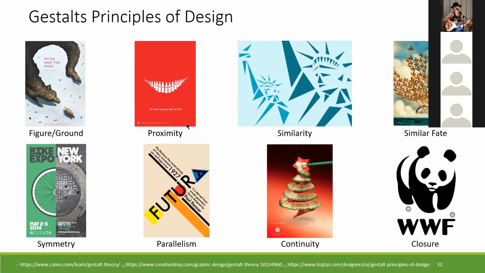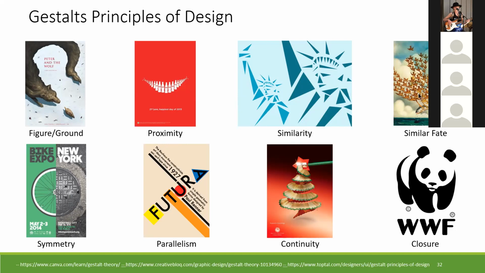On the Coca-Cola advertisement, because of proximity, you can see it all as just one smile, even though they're individual drawings. Similarity can be used to make objects work really well together, make everything feel the same and communicate one object. You can use similarity of fate.